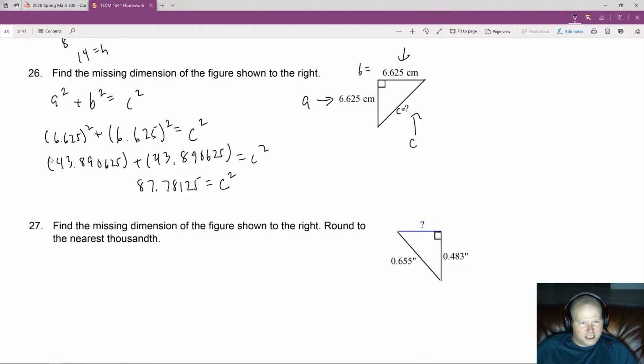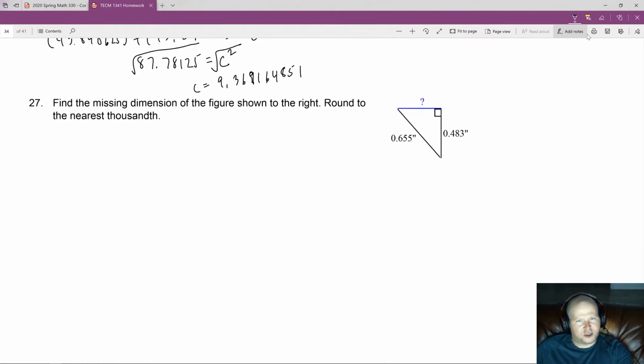And finally, to undo the squaring, we have to take the square root of each side, which gives me c is equal to approximately 9.369164851. And they didn't give us any information on where to round this to. But the problems on my math, I will tell you what to round that to.